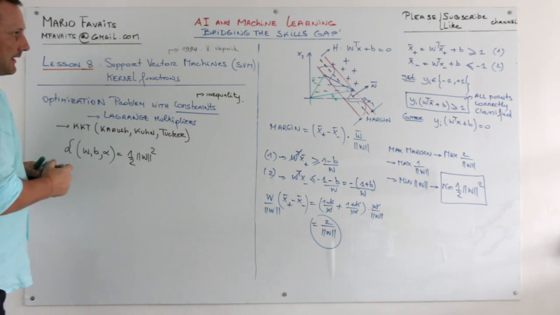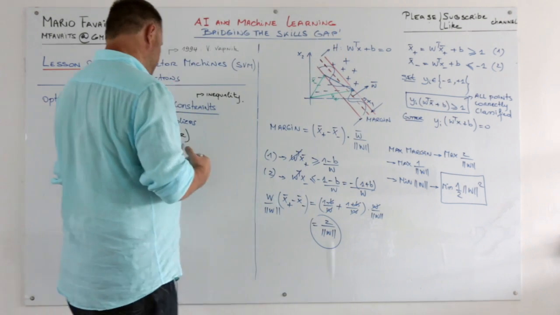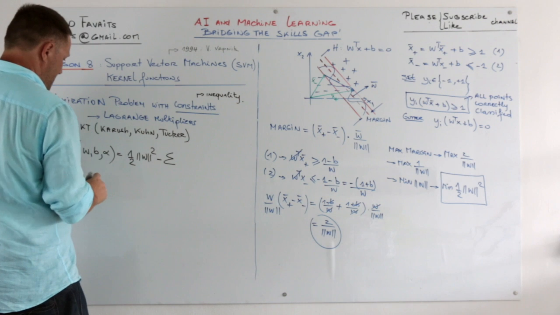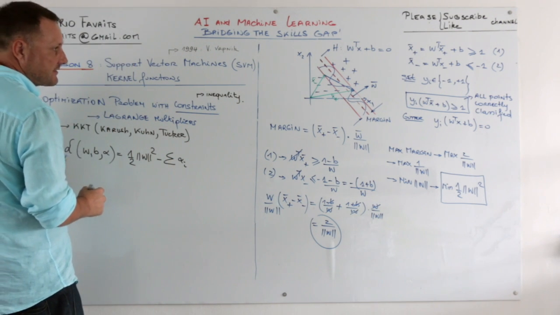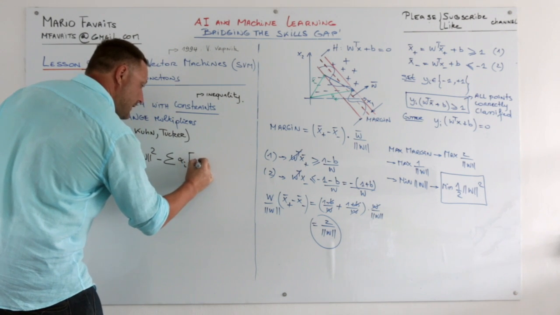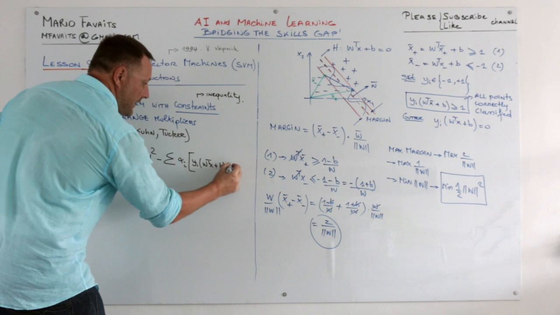And then I'm going to bring the 1 to the other side. So first we do minus and then the sum over these alpha i's. These are the Lagrange multipliers. And then times yi (w transpose x plus b) minus 1.